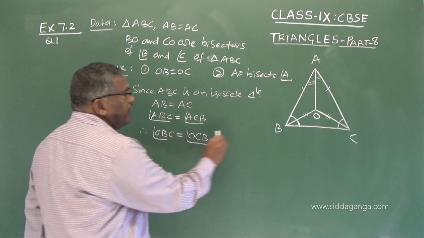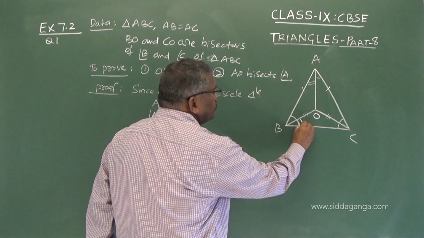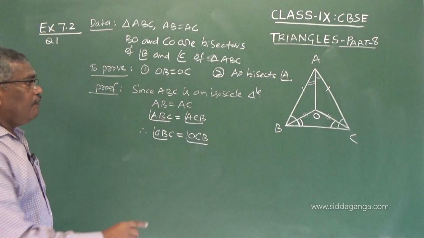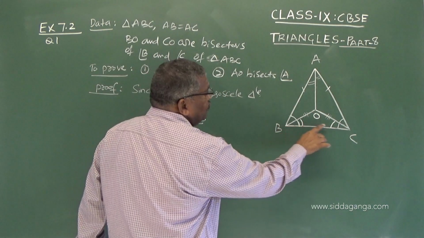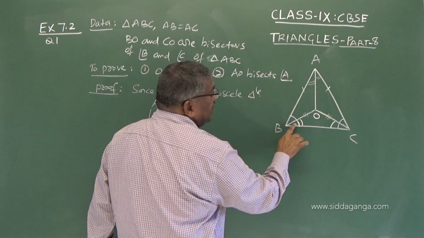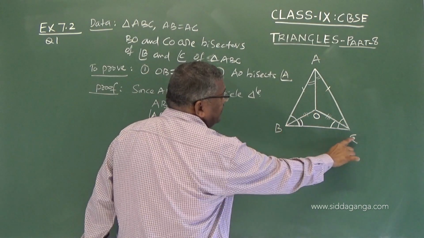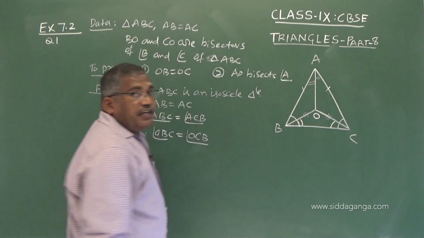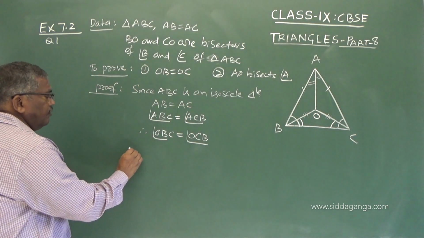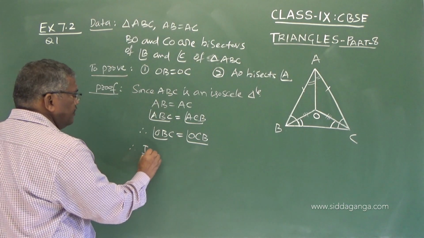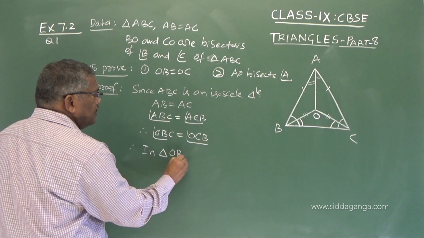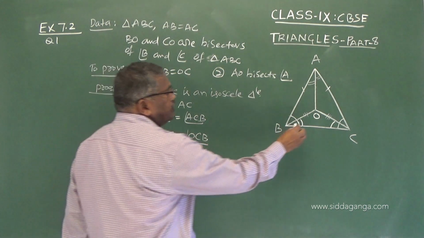So when these two angles are equal in the triangle OBC, the opposite sides are equal. So therefore, in triangle OBC, now you observe this small triangle.